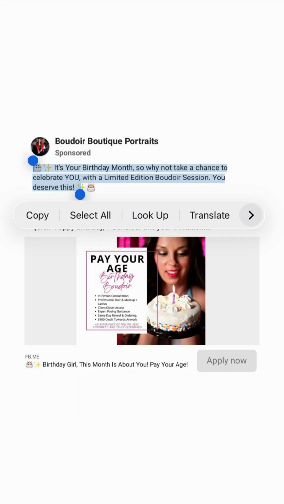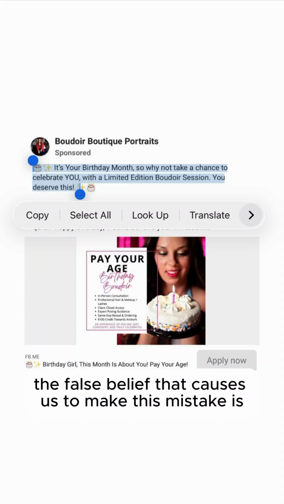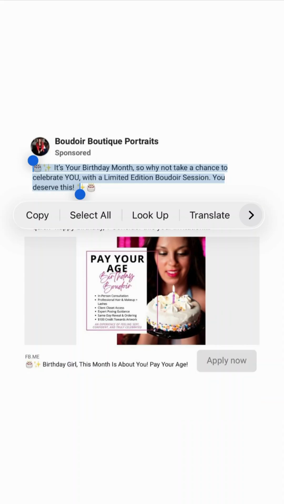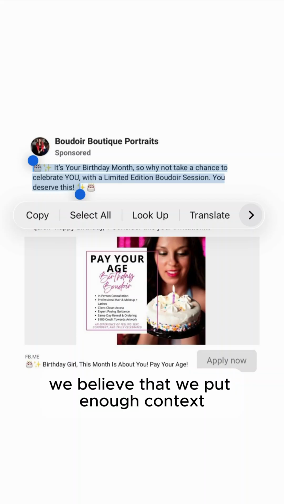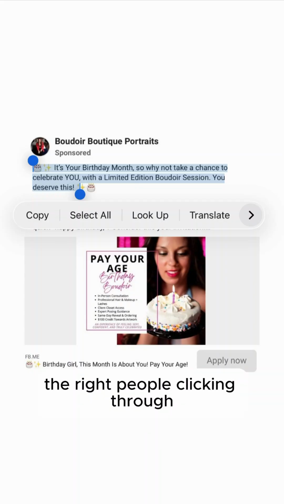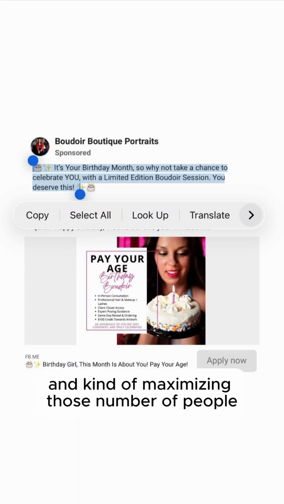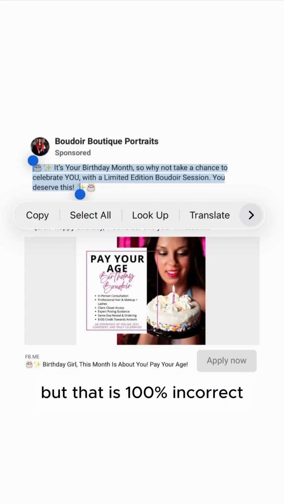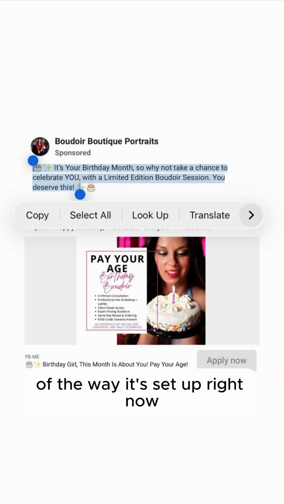The false belief that causes us to make this mistake is we believe that we put enough context to actually get the right people clicking through and maximizing those number of people. But that is 100% incorrect with the way it's set up right now.